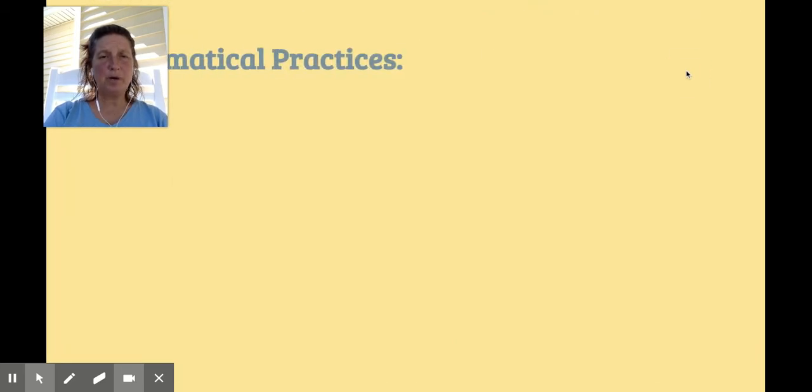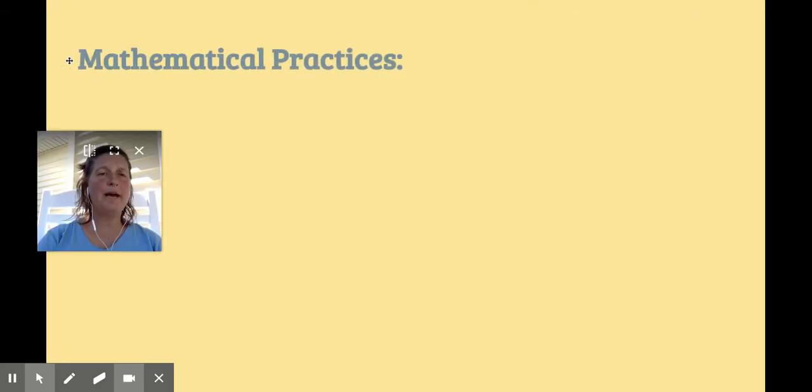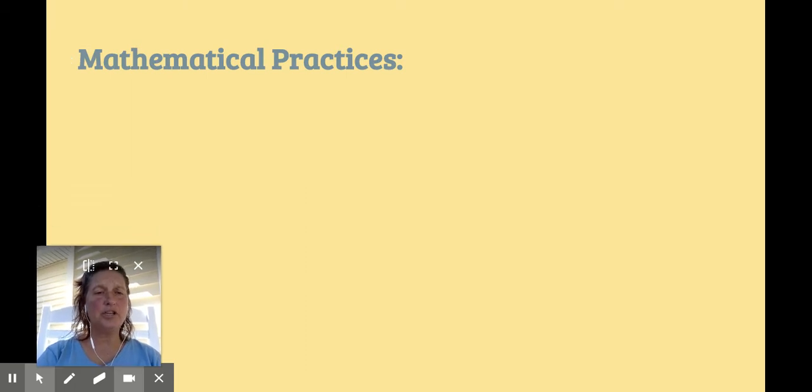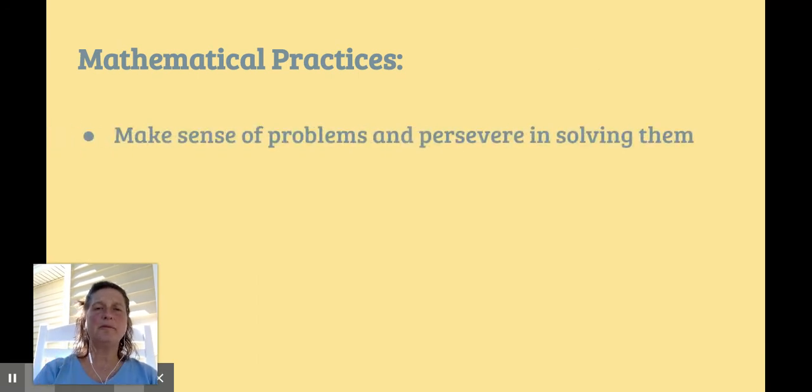So the first part I want to review with you are the mathematical practices that are used in this routine. Unlike Notice and Wonder, which focused on, I believe, 5 mathematical practices, there are only 3 that this mathematical routine touches upon. The first one, again, is making sense of problems and persevering in solving them.